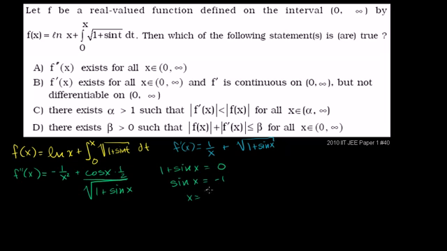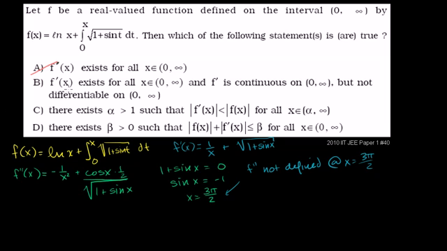In radians, and I'm assuming we're dealing in radians here, if x is equal to 3 pi over 2, that will make this undefined. So f prime prime is not defined at x equal to 3 pi over 2, which is clearly in this interval. So choice A is false. Choice A does not work.